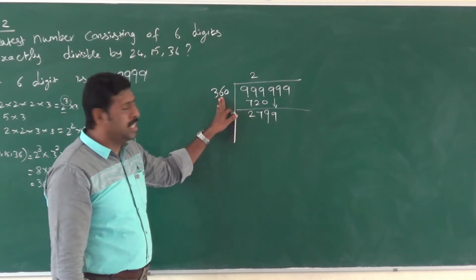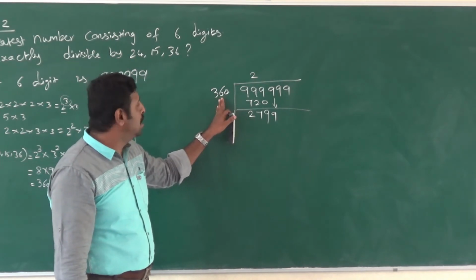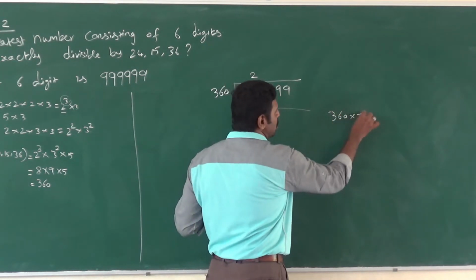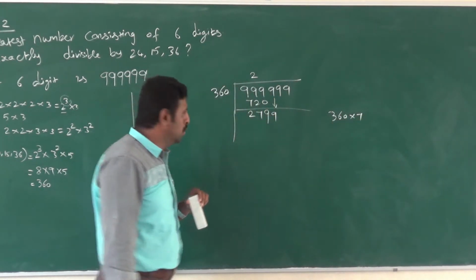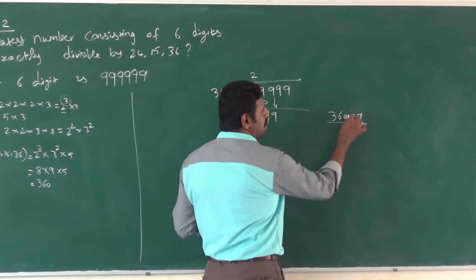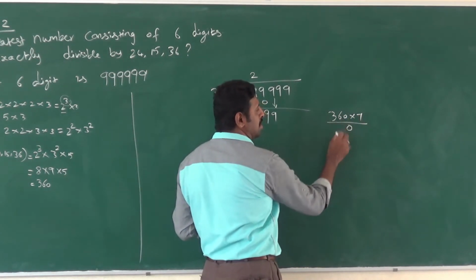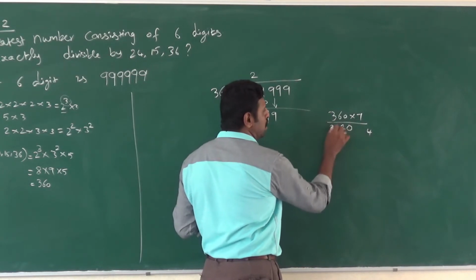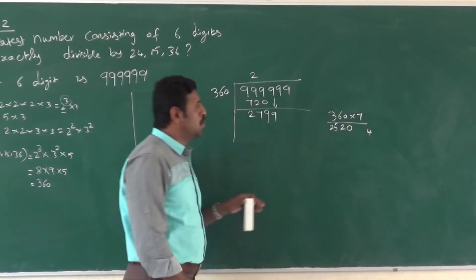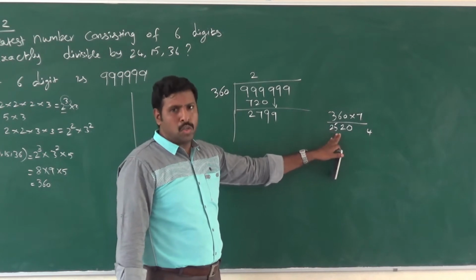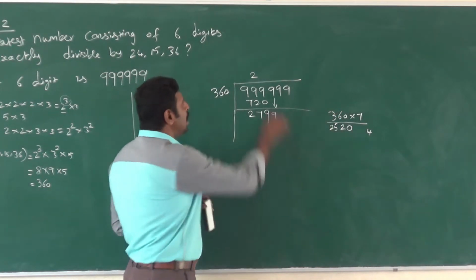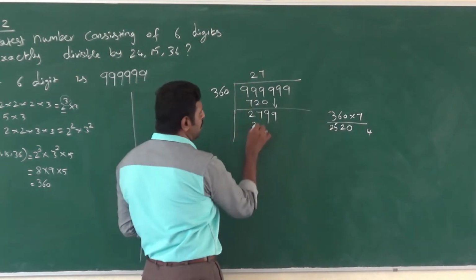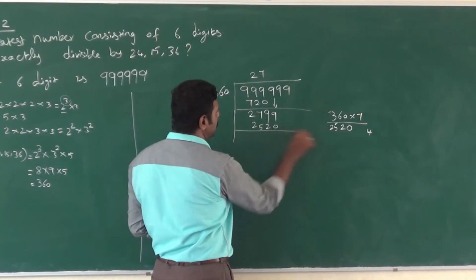Clearly this is 7 times if possible. 360 into 7: 7 zeros are 0, 7 6s are 42, 2 remainder 4, 7 3s are 21 plus 4 is 25. So here we have 2520, right? So it is up to 7 times only. 7 times, if we multiply, we get 2520.